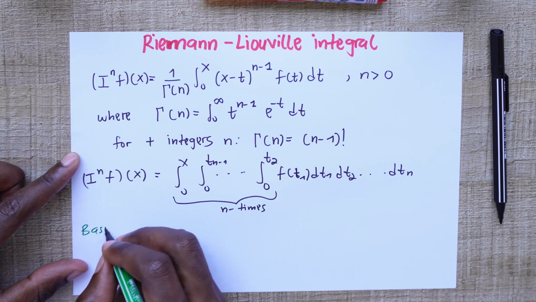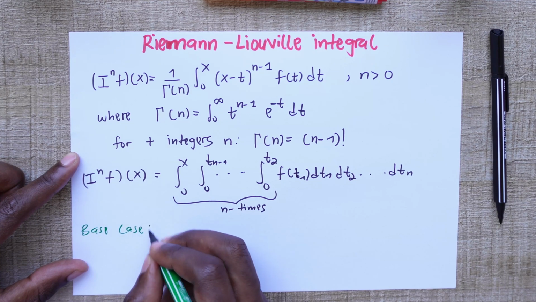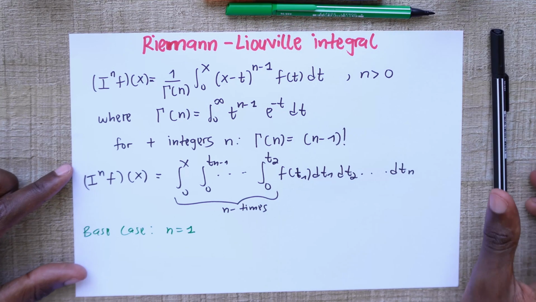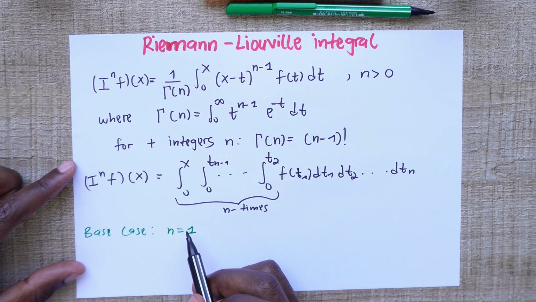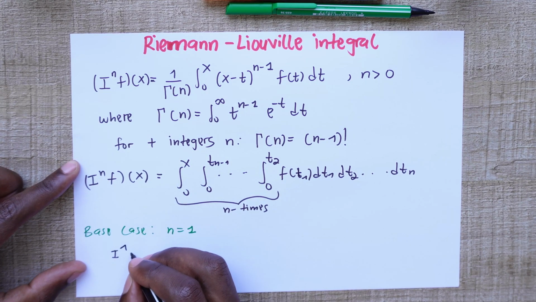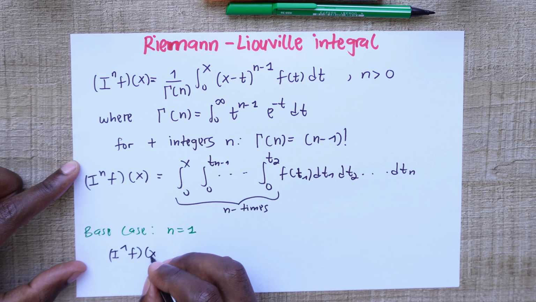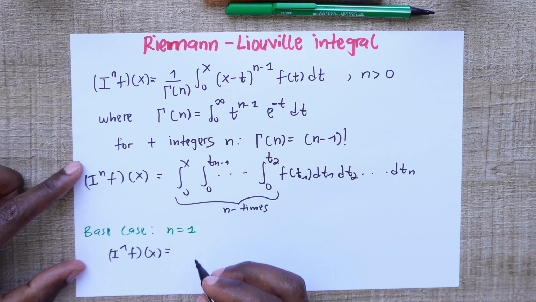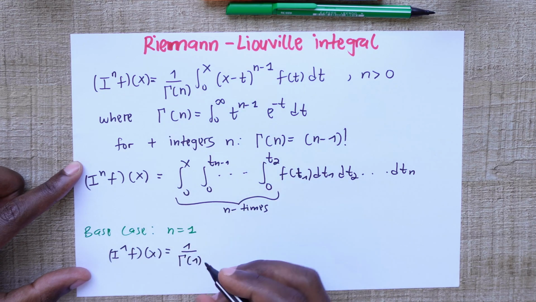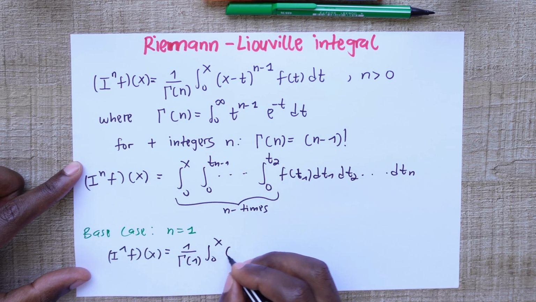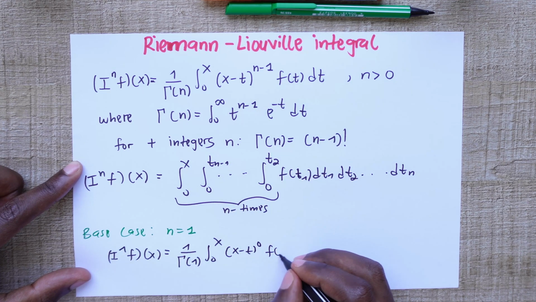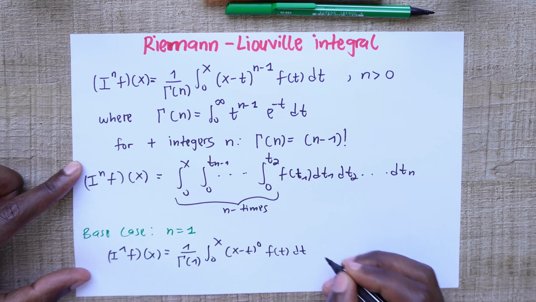So base case, we have n equals 1. So if n is equal to 1, let's replace 1 in this expression. We're going to have that I^1 of f of x is equal to 1 all over gamma of 1, okay? Integral from 0 to x of x minus t to the power 0 times f of t dt.